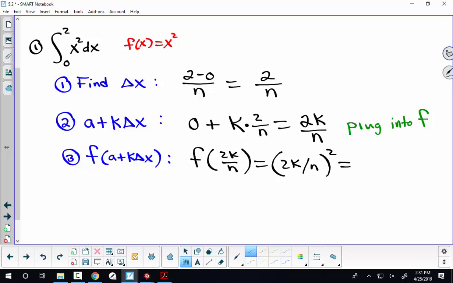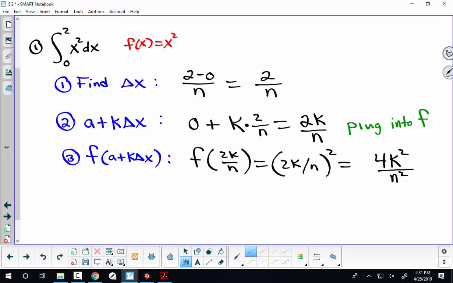So we got 4k squared over n squared. So there's f of a plus k delta x and delta x. Those are the two things you need to find to work with that definition.